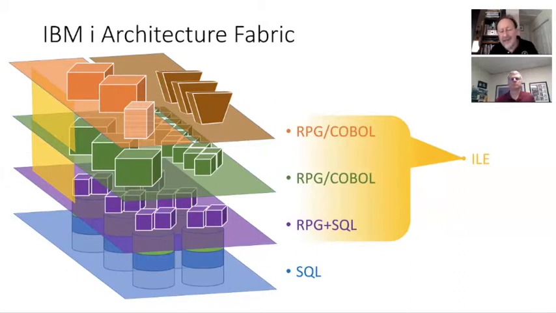And I can actually bind all of these together so that when they come to runtime and they're bound, they work more efficiently together instead of having to go through some other different facade. So they're brought together. That's an IBM i sole architecture fabric. That's not available on other platforms in quite the same way. ILE provides that.